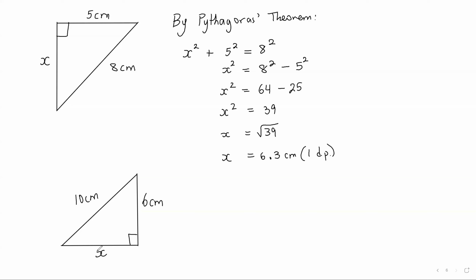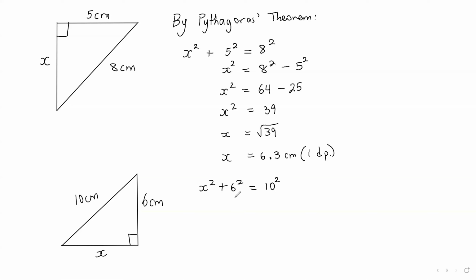So this is x squared plus 6 squared equals 10 squared.